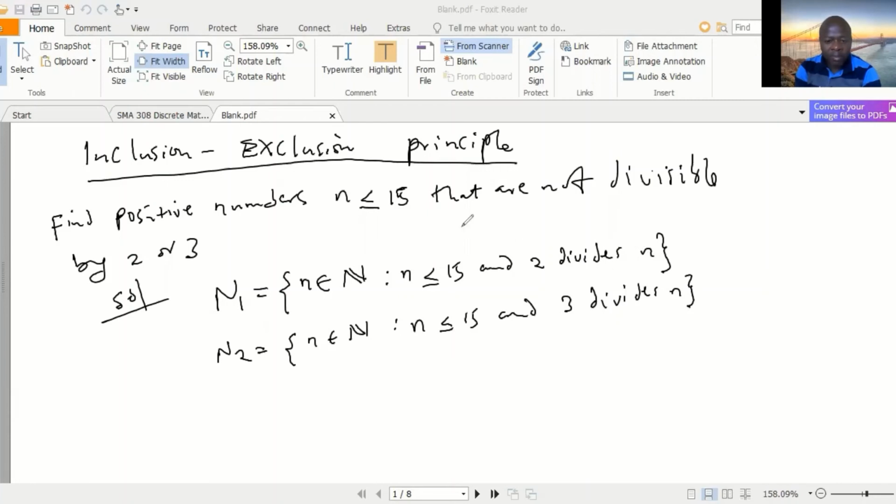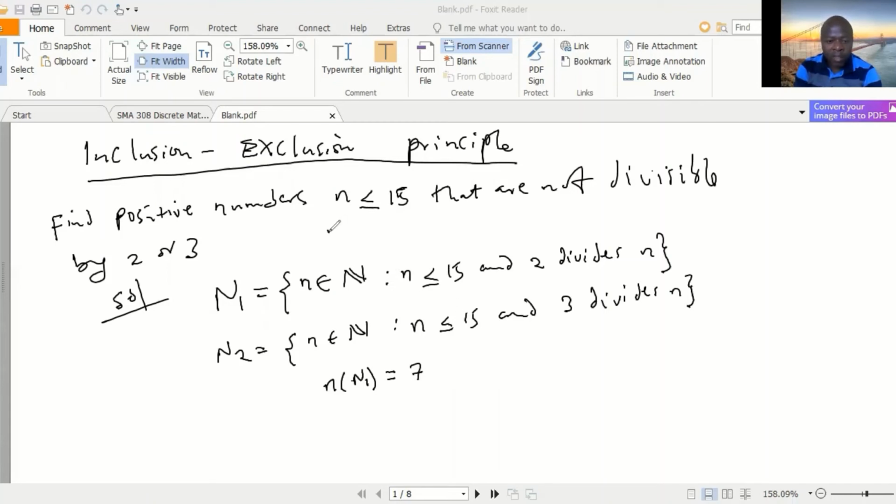How many numbers between 1 and 15 are divisible by 2? It would be 7. I just took 15 divided by 2 and found that there will be 7 numbers divisible by 2.